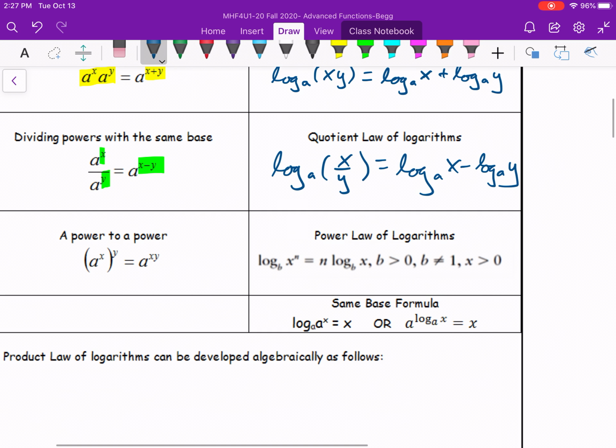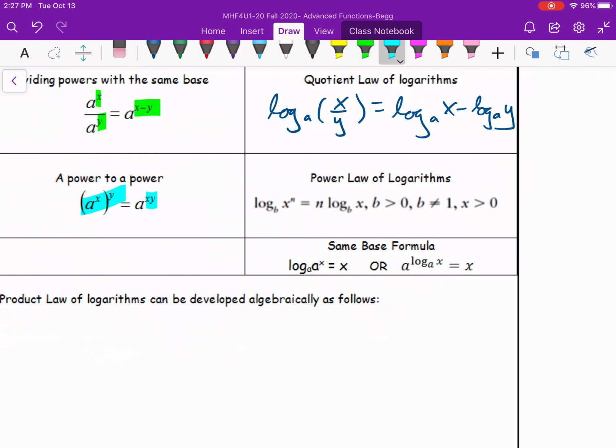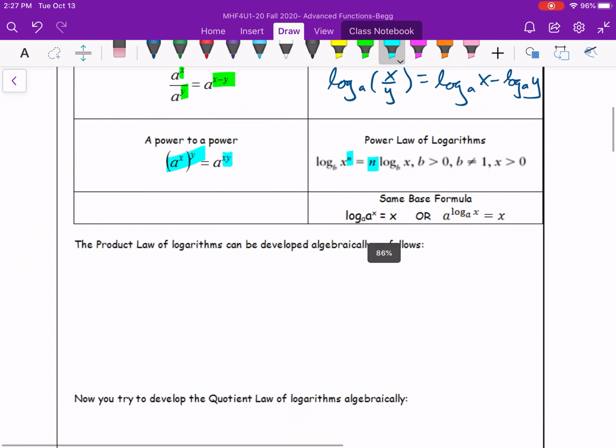And just like we have a power of a power for exponent laws, where we raise one power to another exponent, we multiply the exponents together, we've seen that there's a power law of logarithms, but in this case what we do is we take the exponent and bring it down as a multiplication out front. So again, there's parallel things going on here.